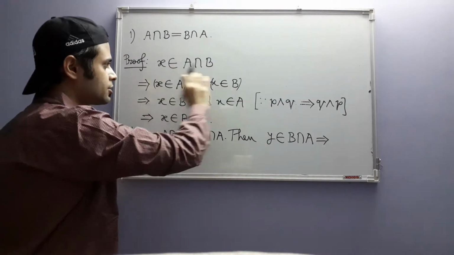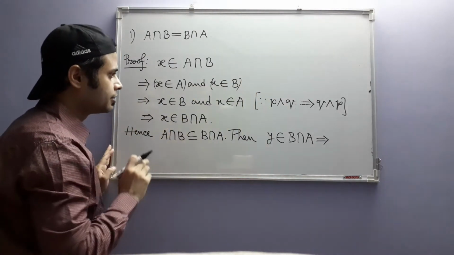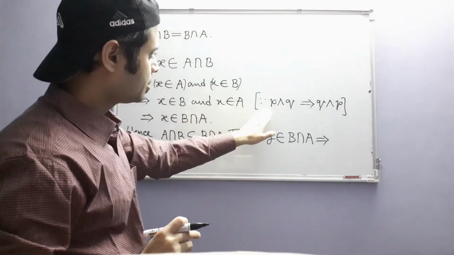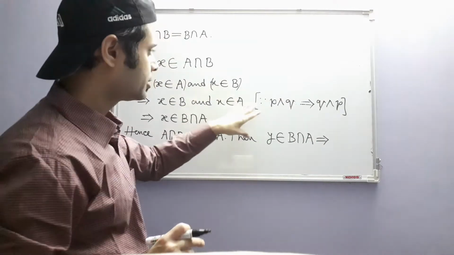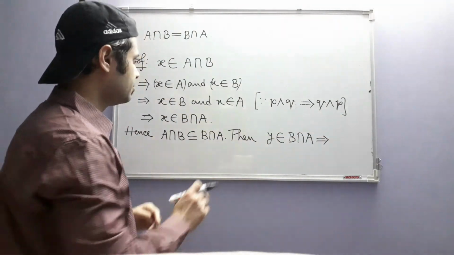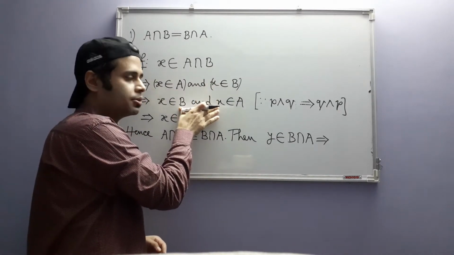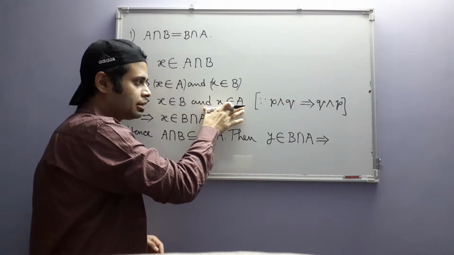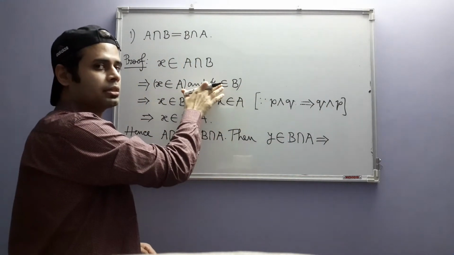We write each statement in a separate line, and we sometimes show the reason why the implication is true alongside the statement. For example, from this statement you are getting this statement, so at the end of this statement you will write the reason for getting it from the previous statement.